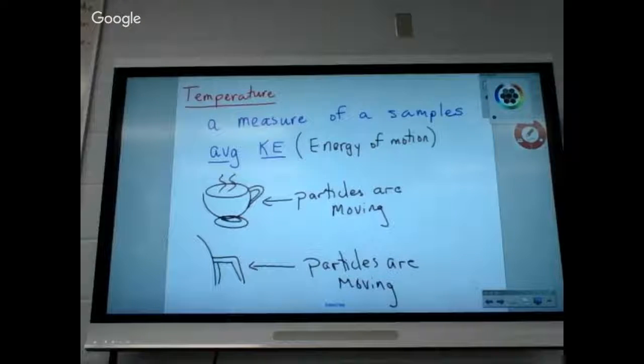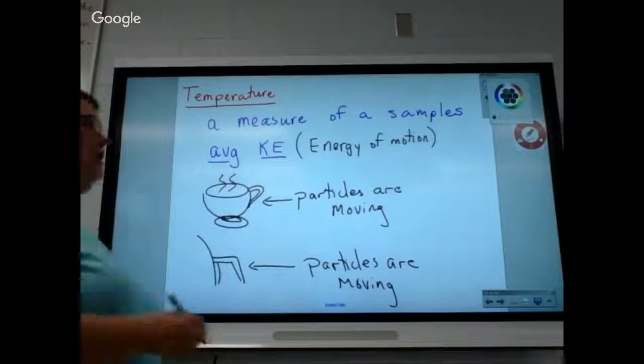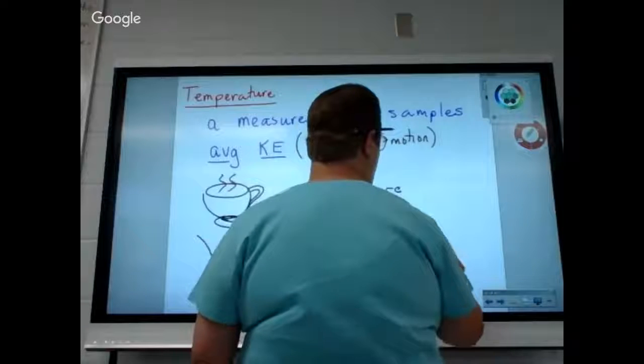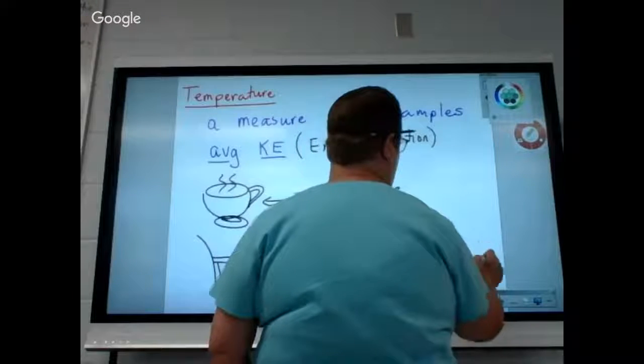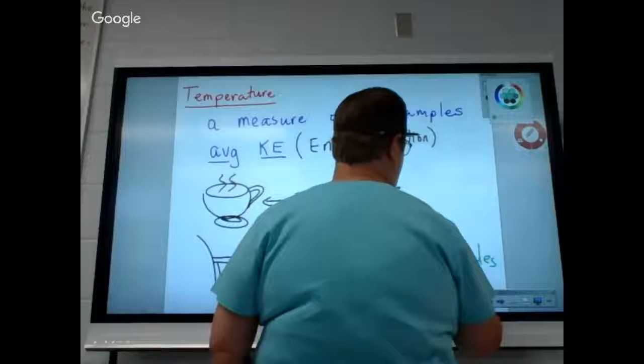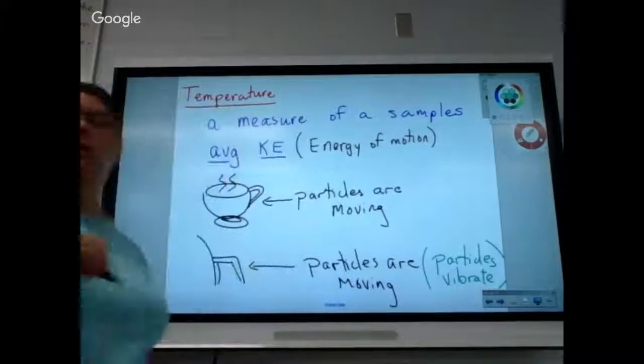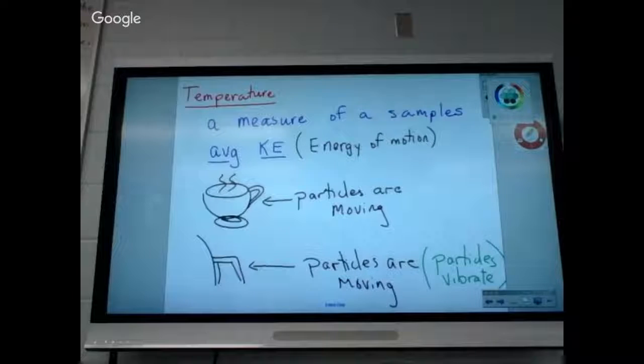When we talk about the desk and the chair that you're currently sitting in, people go, Ms. Wall, it's a solid. Those particles aren't moving. Yes, they are. Here, the particles vibrate. Their temperature is going to be much lower.